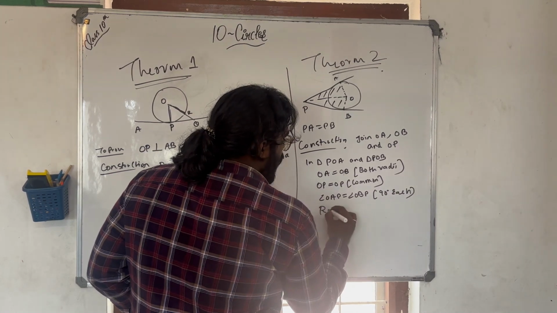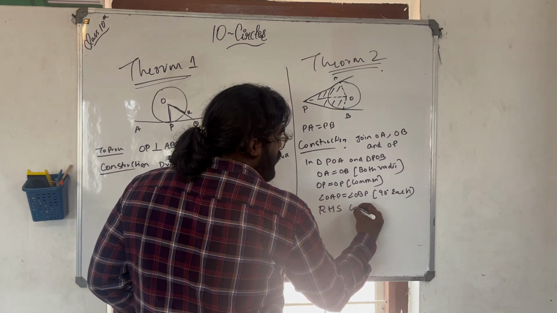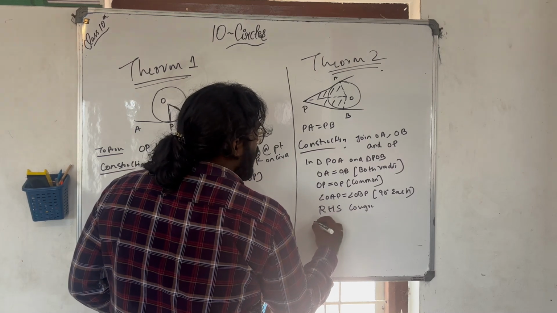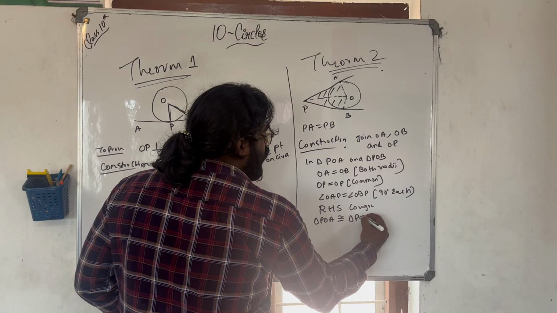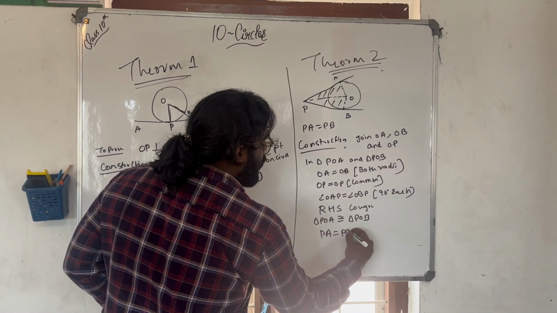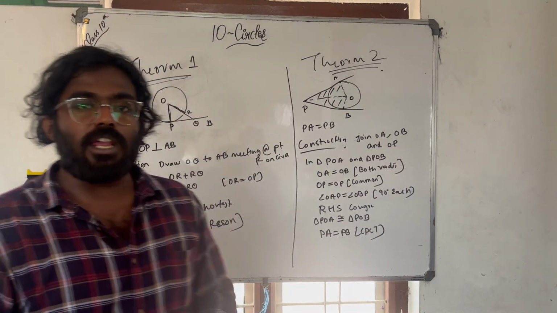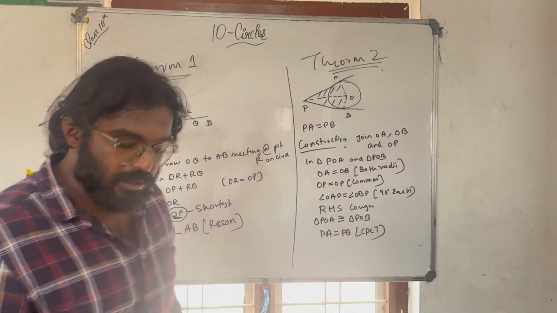So we come up with the right angle hypotenuse side congruency. We say that triangle POA is congruent to triangle POB, and we will say that PA is equal to PB. How? CPCT. I hope you understood the two theorems. It was very nice. These are the two theorems. Both could be asked in the exam.